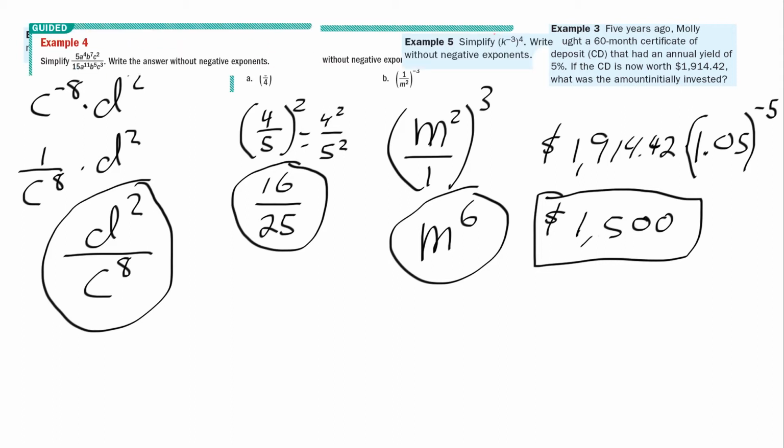And here is example 4. Guided example. This is in your book on 477. It said simplify this expression and write the answer without negative exponents. So much as we did previously, we want to work with each base and bring them together.